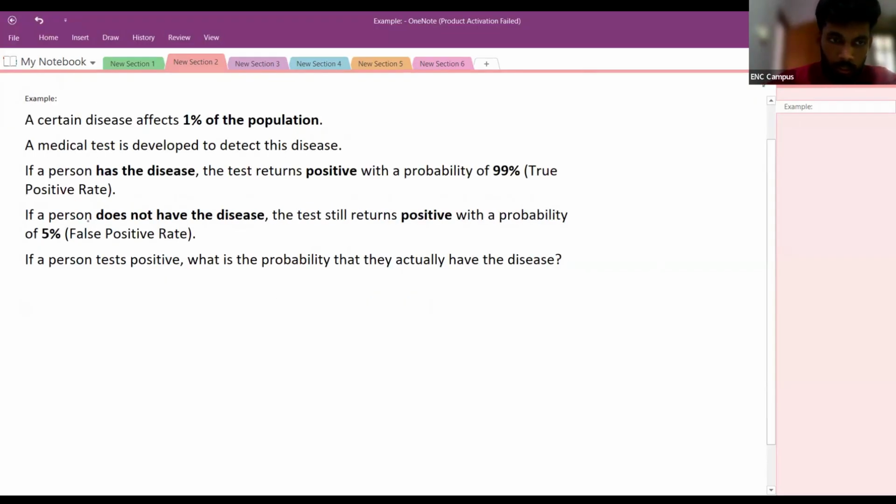So let's take A as the event that the person has the disease.